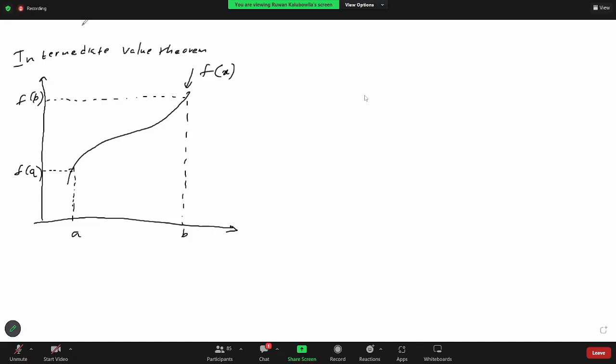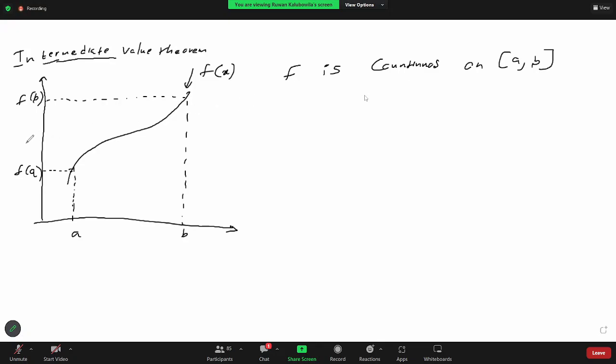So let's define the intermediate value. The name already hints at what we are going to learn. First I write this, then let's discuss. F is continuous on the range [A, B].